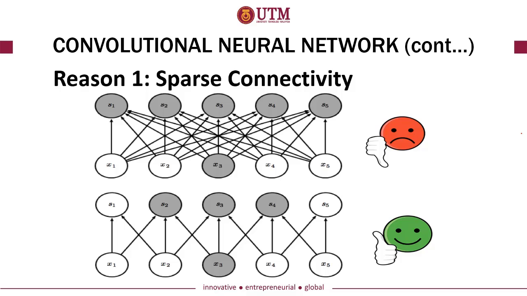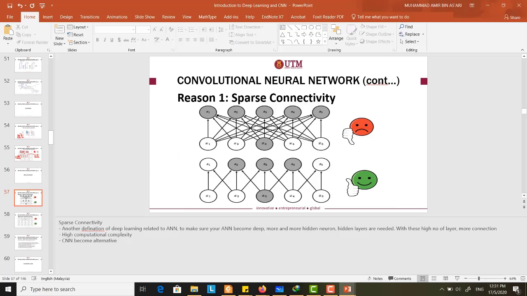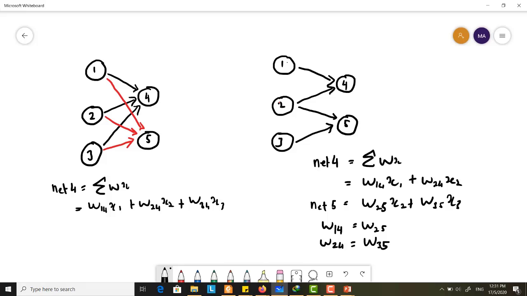If I draw the convolution operation using circle pictures that represent the architecture, like the ANN architecture we learned before, you can see over here, this is the ANN.